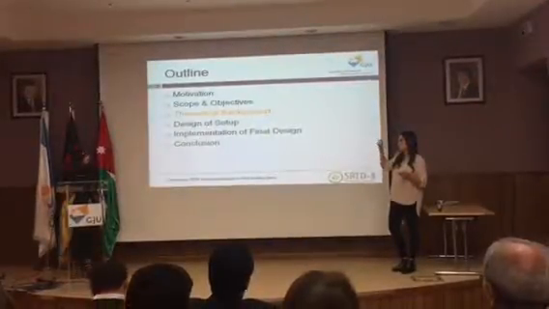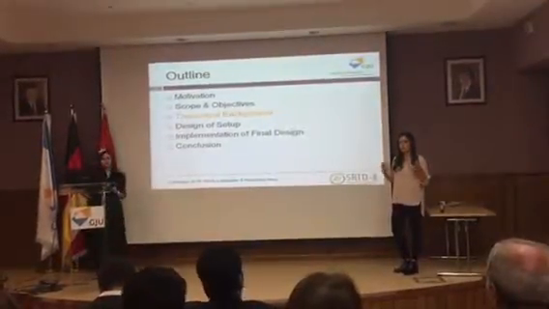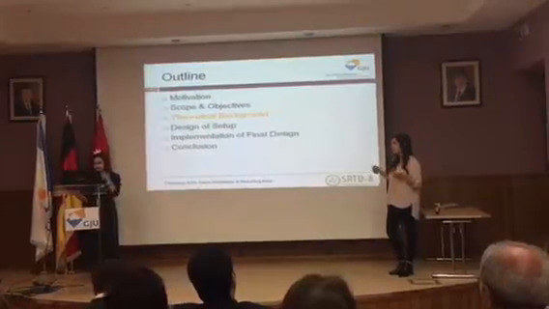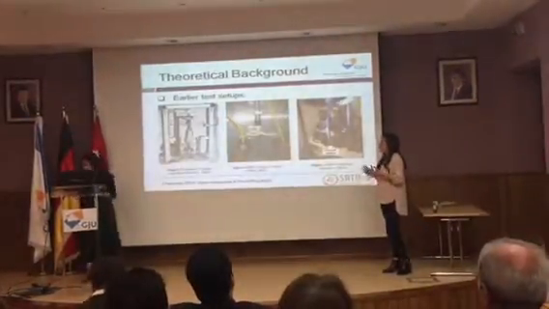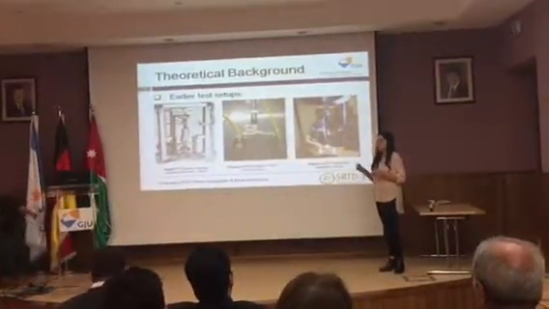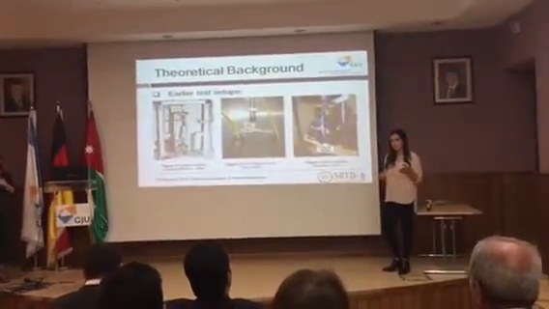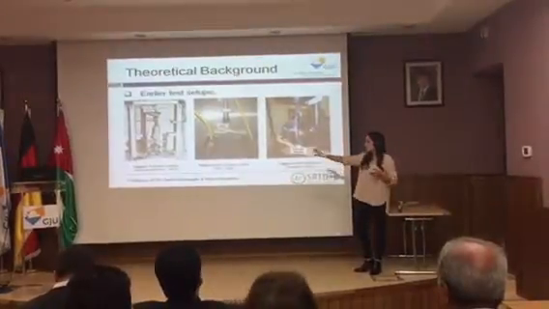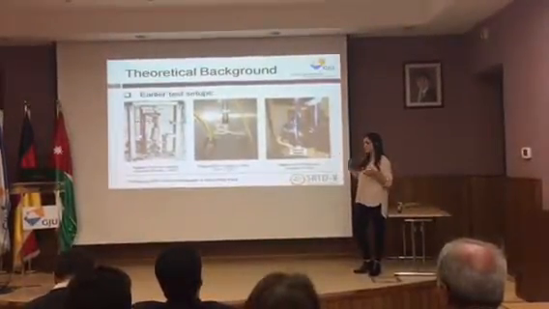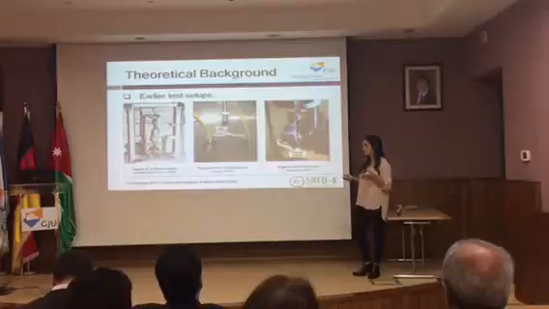To start with some theoretical concepts that will allow us to understand the setup more. The first thing we did is that we tried to see the earlier test setups that were designed and developed by other people. We took some of the setups that we found to be most interesting.